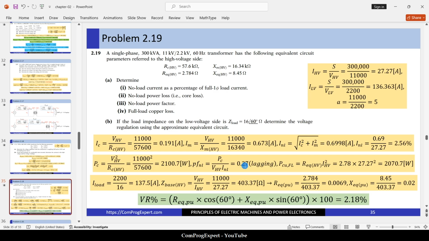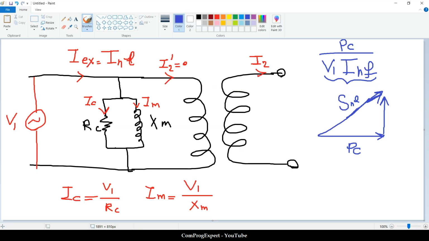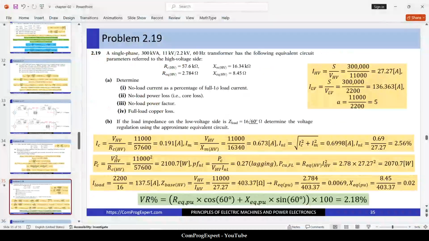So the power factor is 0.27 lagging. We have a highly reactive load in this case. That is because of XM, which magnetizes the transformer. So yes, the power factor of the no load current is very low because we have a highly reactive component.